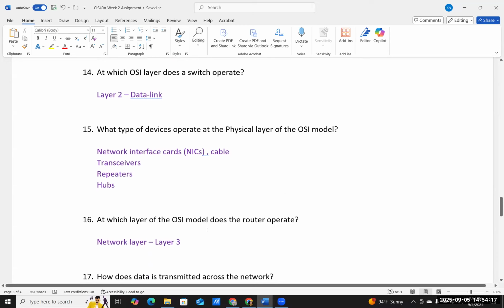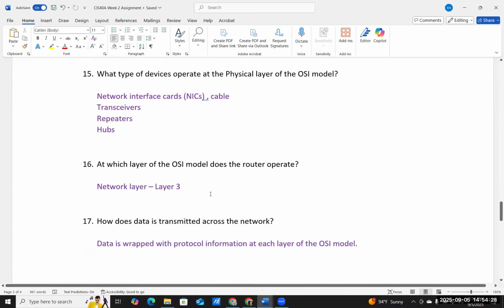Now for layer 3, we know that the routers are functioning at layer 3. So your data is ultimately wrapped with the rules, with the protocols, right?